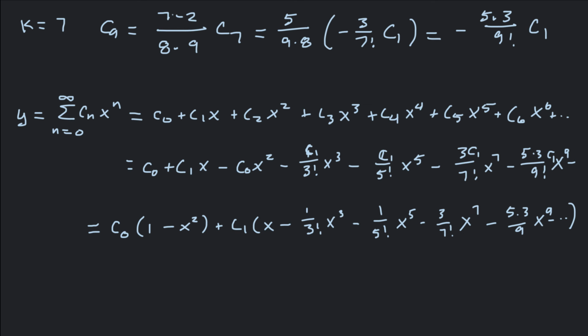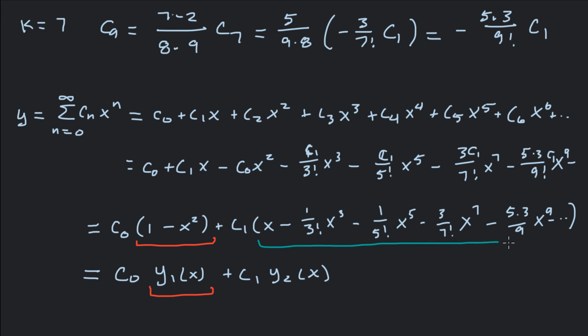So we could write this as C0 times a first solution, we'll call it y1 of x. So this would be a y1 of x term here, call that y1. And then plus C1 times y2 of x. I could just say that y2 of x is this term here.